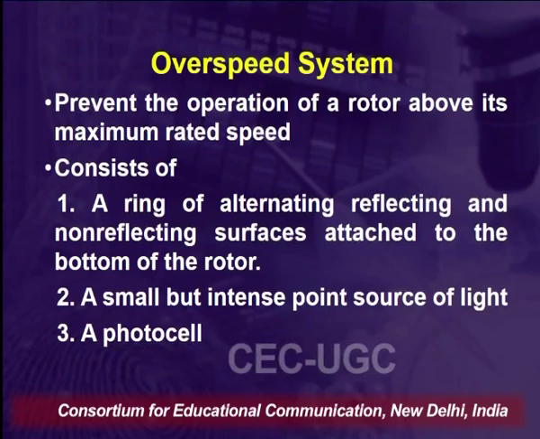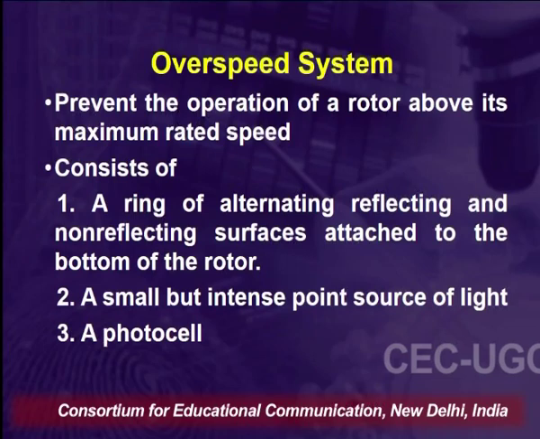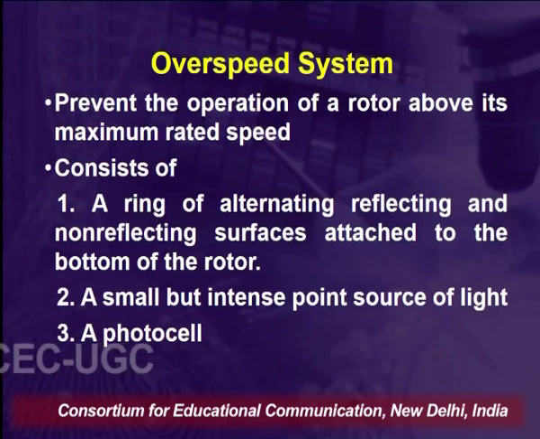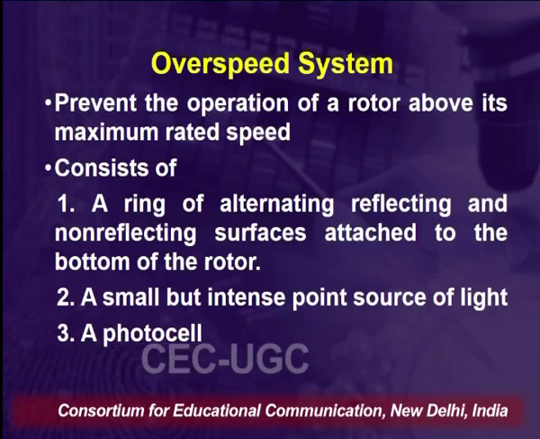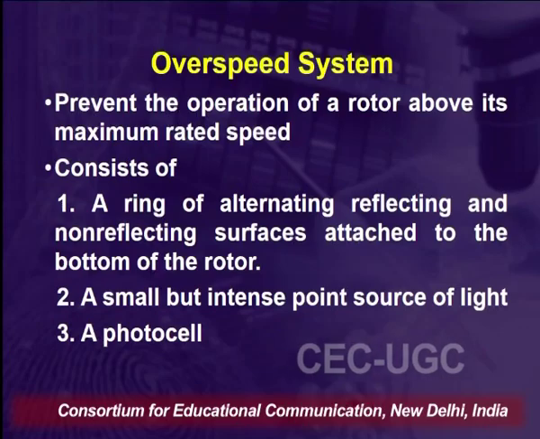Supposedly, if the centrifuge can only be operated up to 12,000 rpm, we should never operate it above 12,000 rpm. Whatever maximum rated speed is mentioned in the manual, we should always operate within it. Otherwise, the centrifuge can go bad.